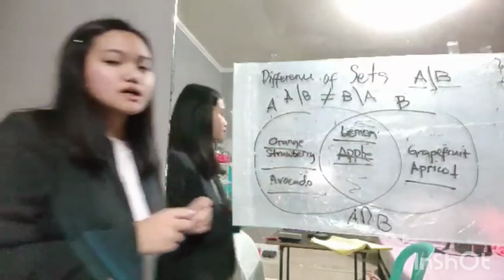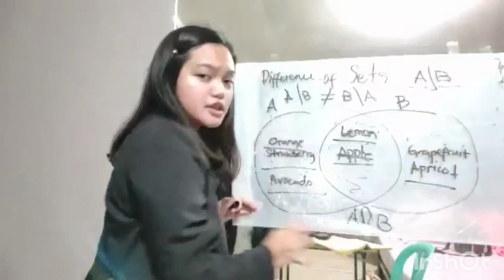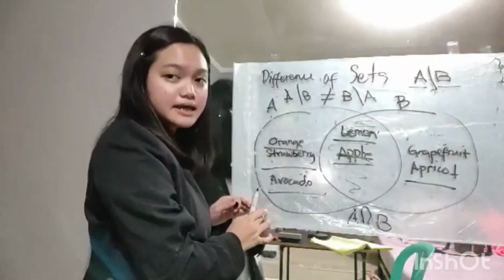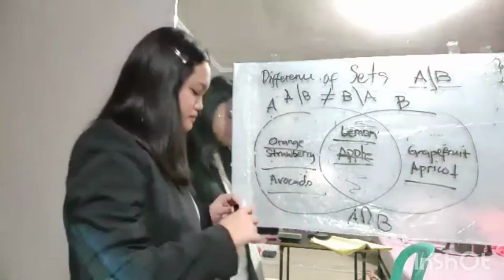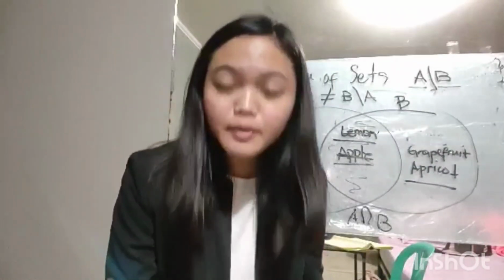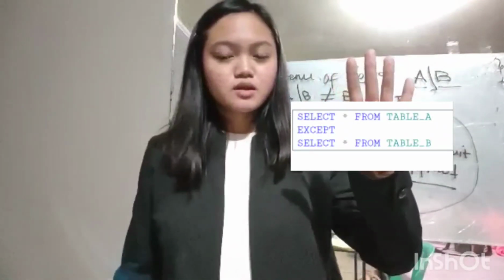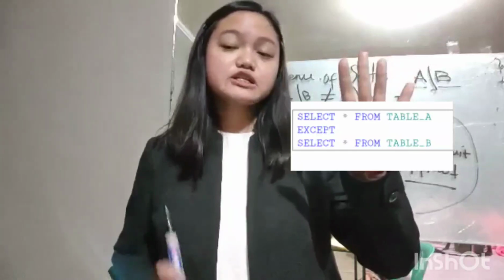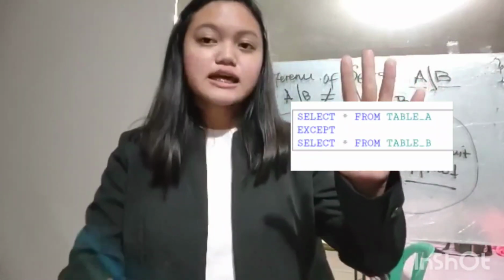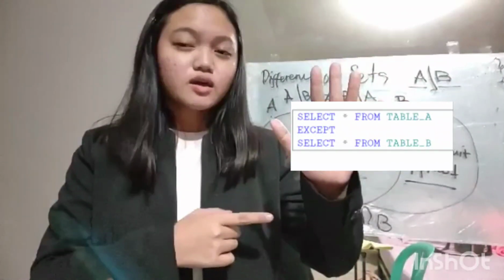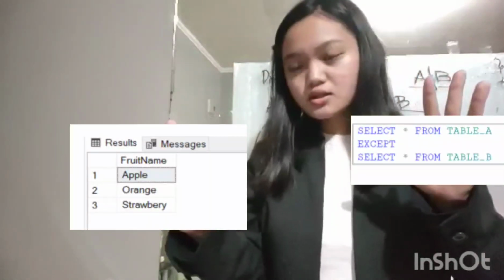This illustrates the A difference B in a Venn diagram. In SQL Server, with the help of the except operator, we can obtain the difference between the two tables. This will be the query, A difference B. This is the first query, and this query results in this table.